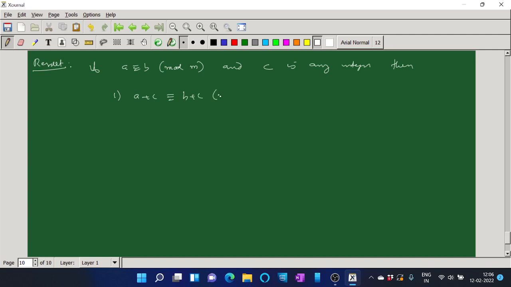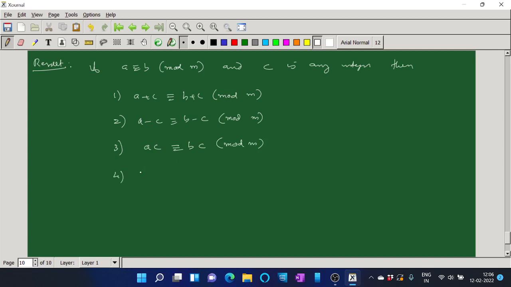You can add the same number C on both sides. You can subtract the same number from both sides, and still the congruence relation holds. That is A minus C is congruent to B minus C mod m. You can multiply both sides by the same integer, that is, you get AC congruent to BC mod m.